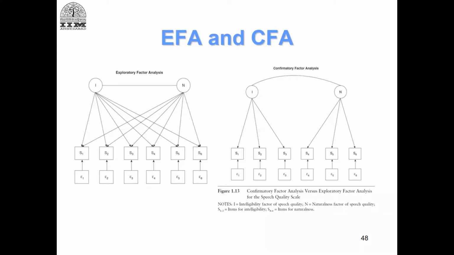You will do confirmatory factor analysis for leadership separately. You will do confirmatory factor analysis for justice separately. You will do confirmatory factor analysis for creativity separately, and then bring them together and test the regressions between these constructs, or the path analysis between these three constructs.